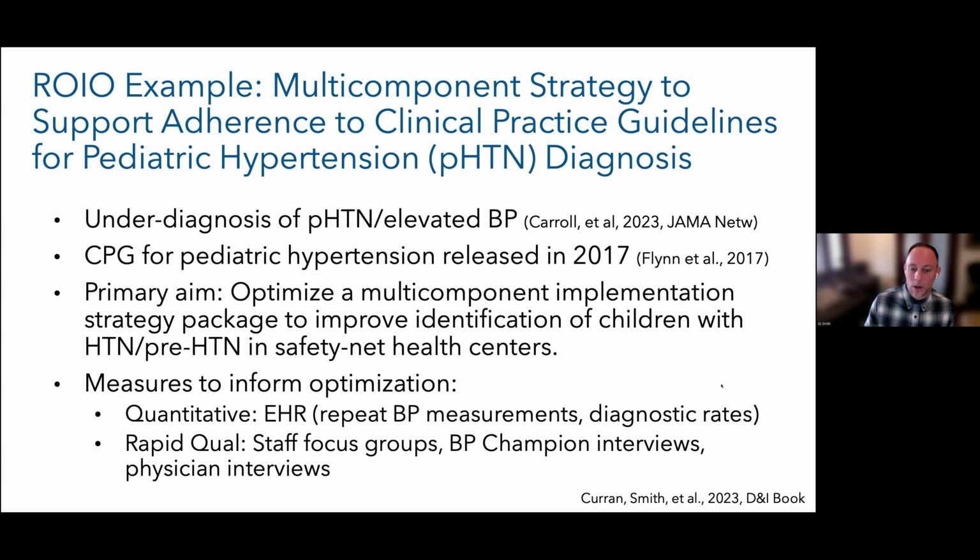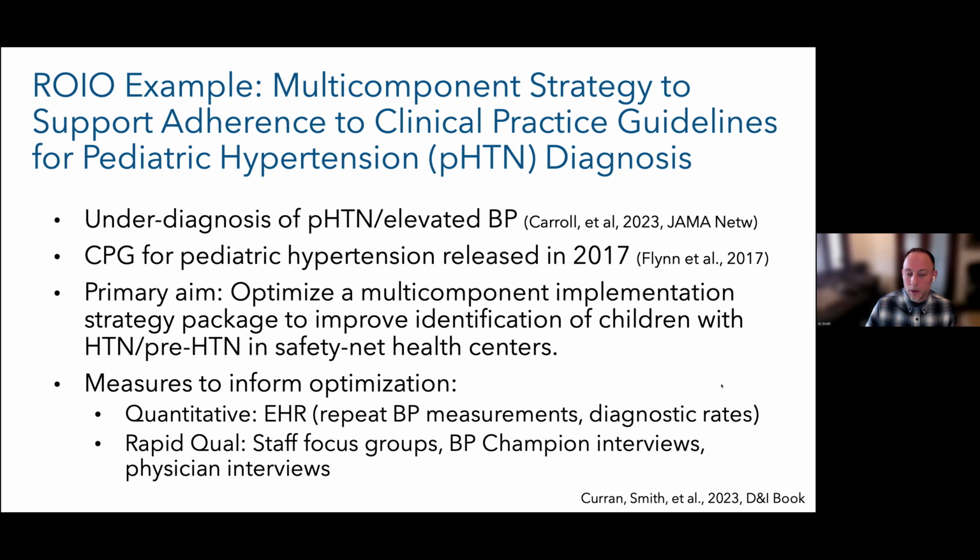Our measures that we are going to be using to inform optimization, again, this is not the primary outcome measure, we'll talk about that in a second, but the measures for optimization are going to be mixed methods. So our quantitative measures are largely going to come from the electronic health record. This would be evidence that they are following the pediatric hypertension guidelines, evidenced by repeat BP measurements being done and diagnostic rates increasing.